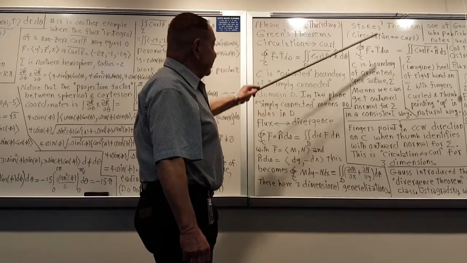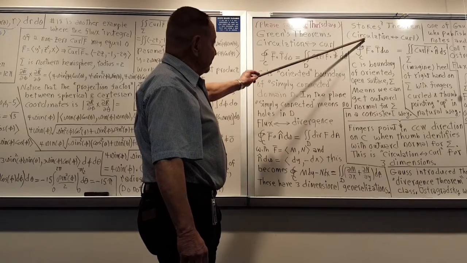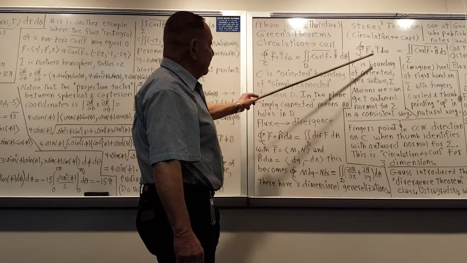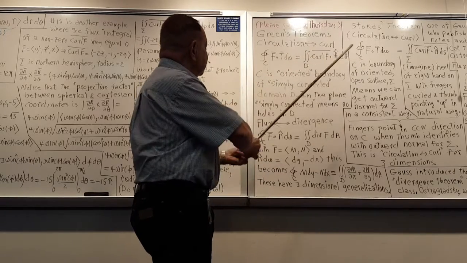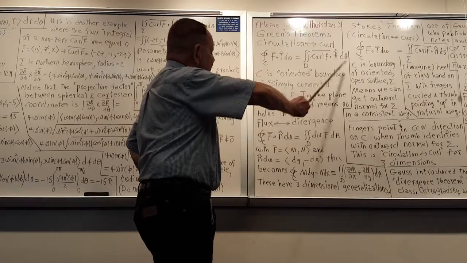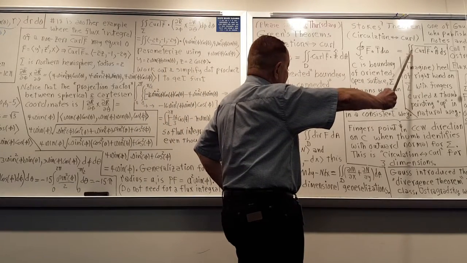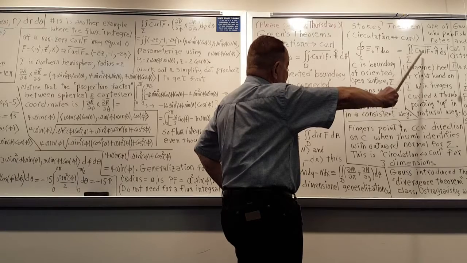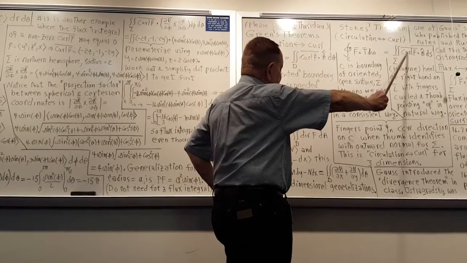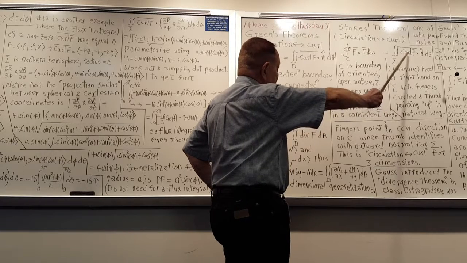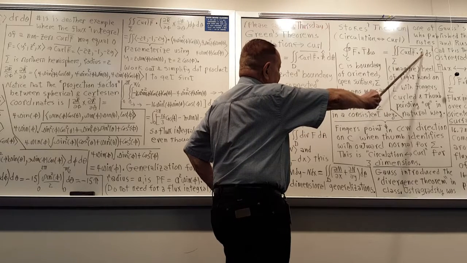So Stokes' theorem, which again is the generalized circulation curl, is this repeated, except now you're talking about the surface sigma and the outward normal for the surface.